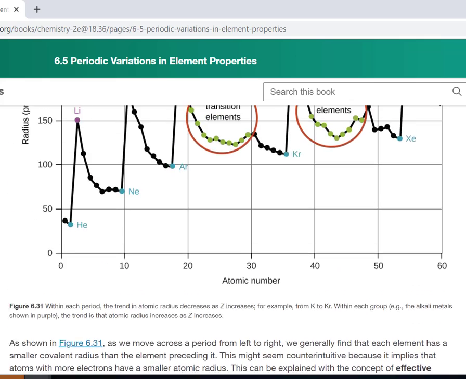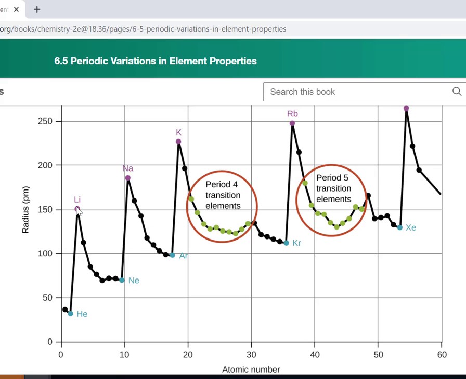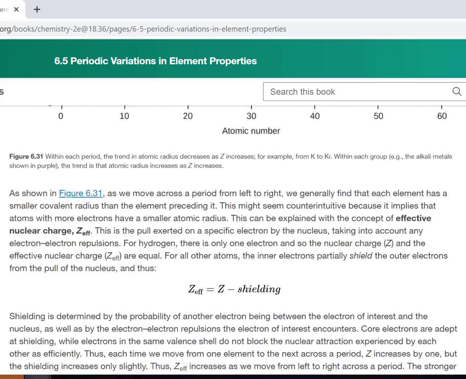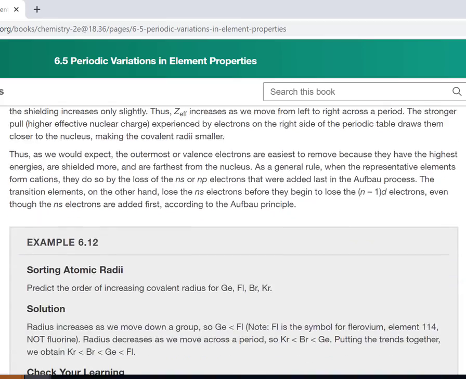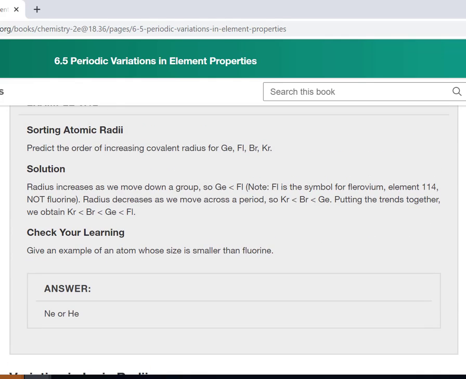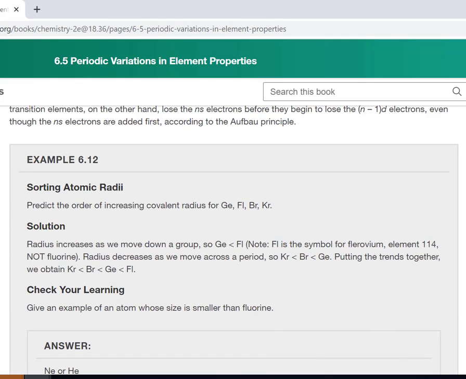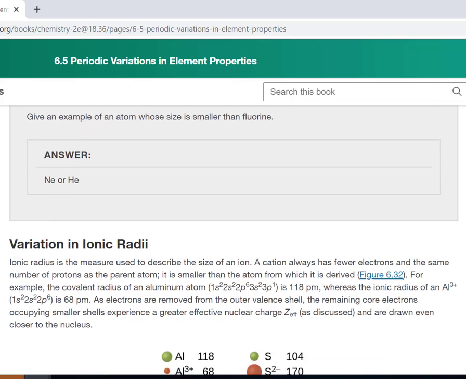Okay, so as we move from a +1 charge towards a +8 charge, those valence electrons get sucked in closer and closer and closer because of that. Okay, so that's what we want to understand in terms of explaining why they're getting smaller. So you want to be able to sort atomic radii based on these two trends.